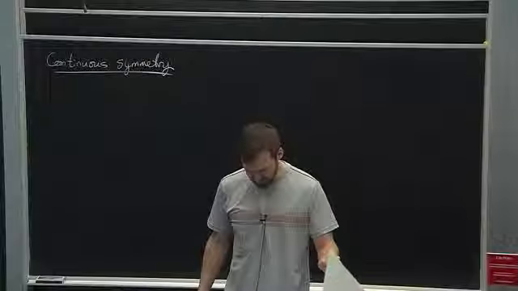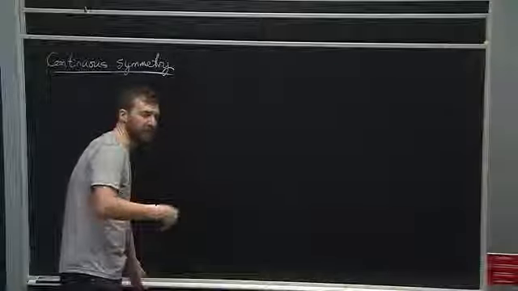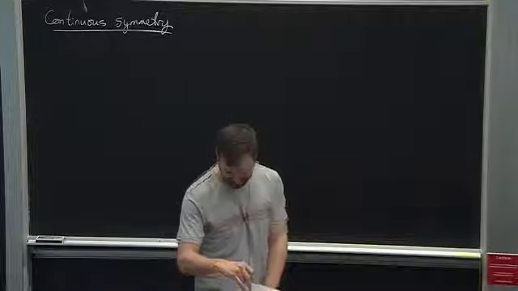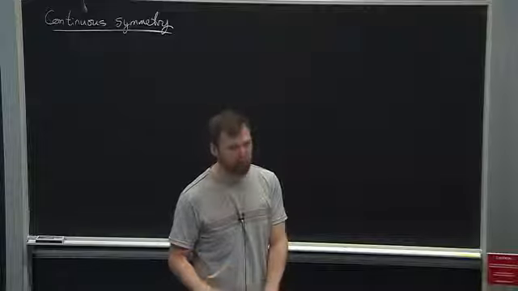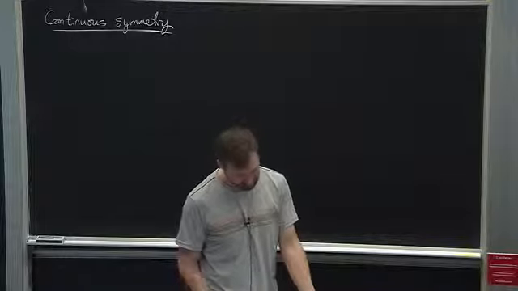Okay, last time we started talking about continuous symmetry, and I had a really rough argument for the existence of a lower critical dimension at d equals 2. So what we're going to do now is put that on more firm footing by doing it properly in terms of a field theory in the continuum.